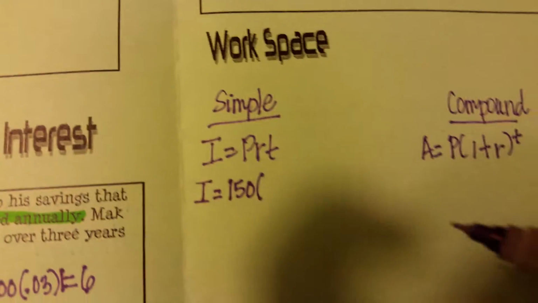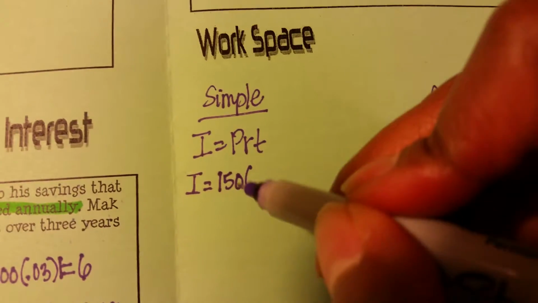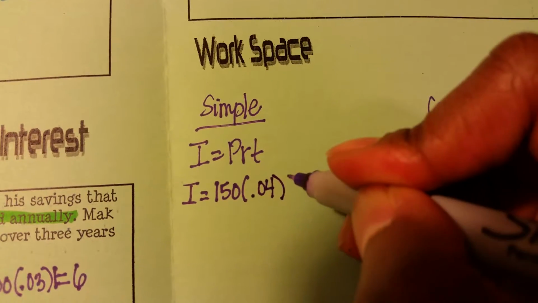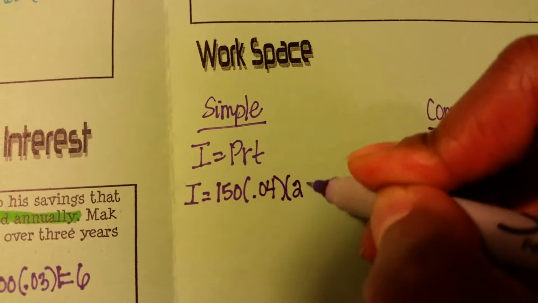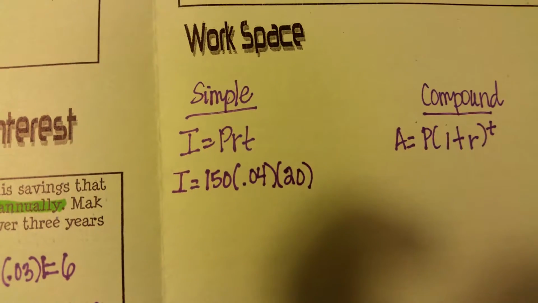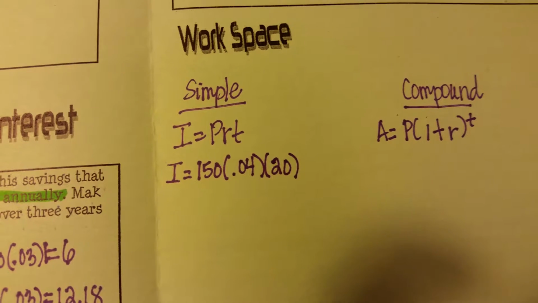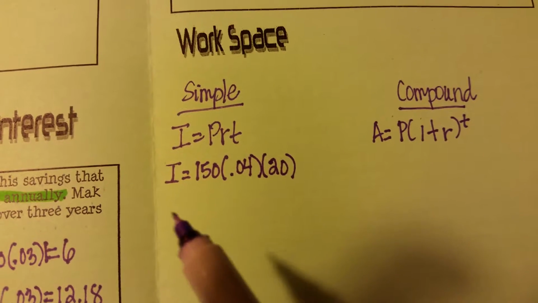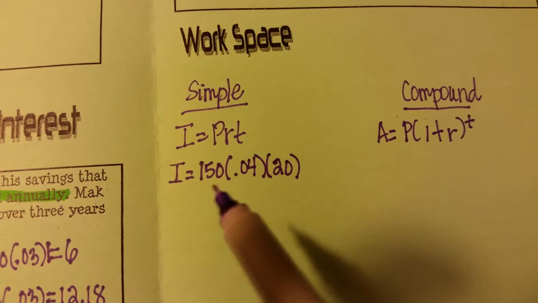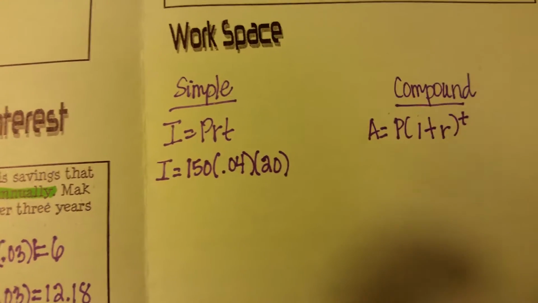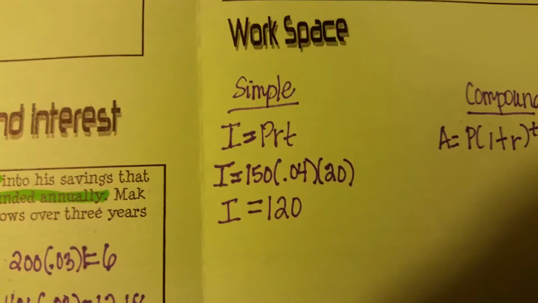All right. So rate is 0.04. And my time is 20. All right. So now what I want you to do here is I want you to calculate this with your partner and give me how much interest would be accrued for this simple interest side.